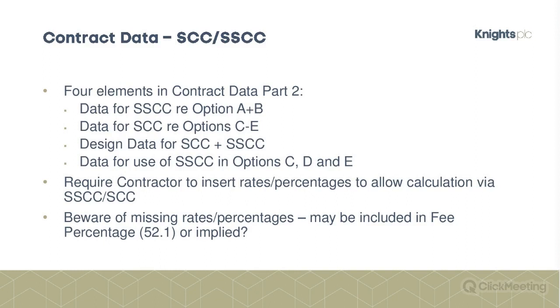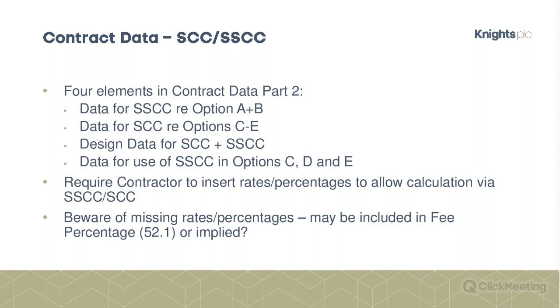You typically will have to fill in the sections that are relevant to your contracts. If you're on A and B, we've seen that it's the shorter schedule that applies, so you fill in the data that is relevant to that. If you're on C to E contracts, you fill in the schedule of cost components information.